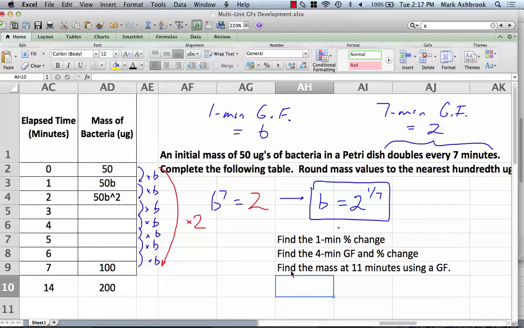And then find the mass at 11 minutes elapsed time using a growth factor.